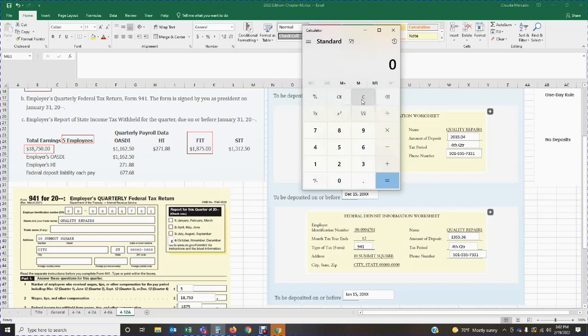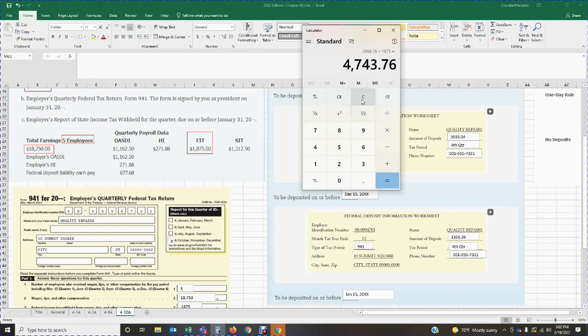The OASDI for the employee is 1162.50. I'm going to add the 1162.50 for the employer, the employee's HI of 271.88, the employer's HI of 271.88, and the federal income tax of $18.75.